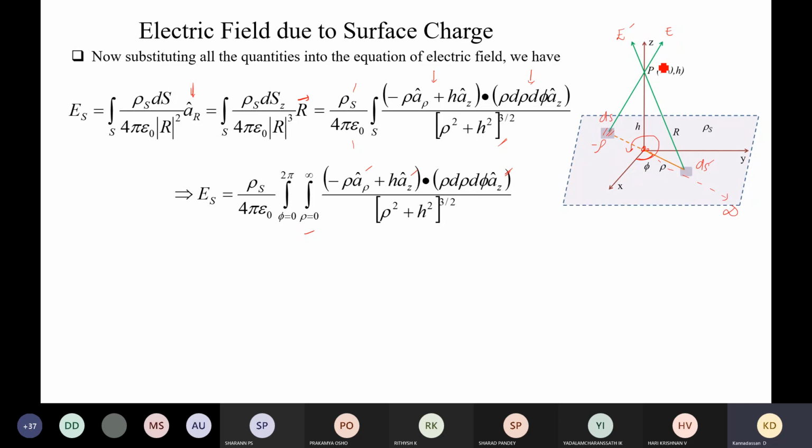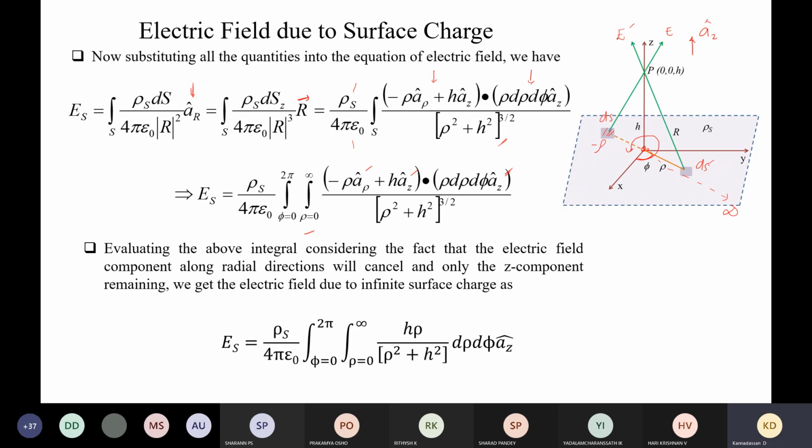In other words, the electric field will have only a projection along the Z direction above. That is the ultimate thing. This is the remaining component, and this is what you have to integrate over rho 0 to infinite and phi 0 to 2 pi.